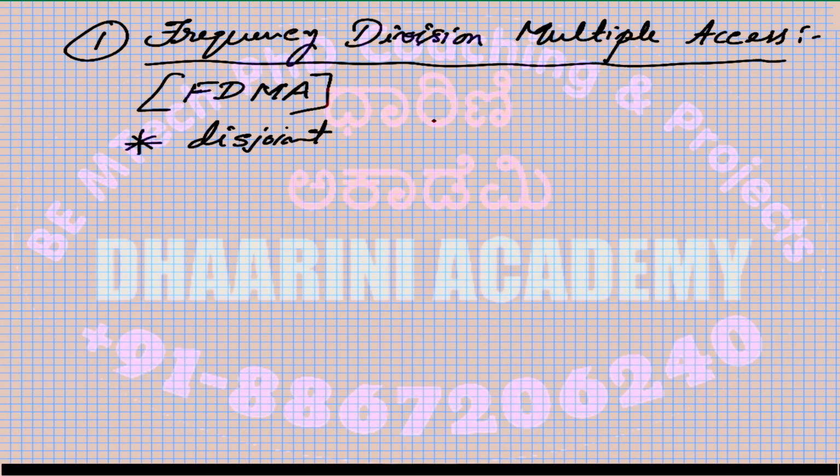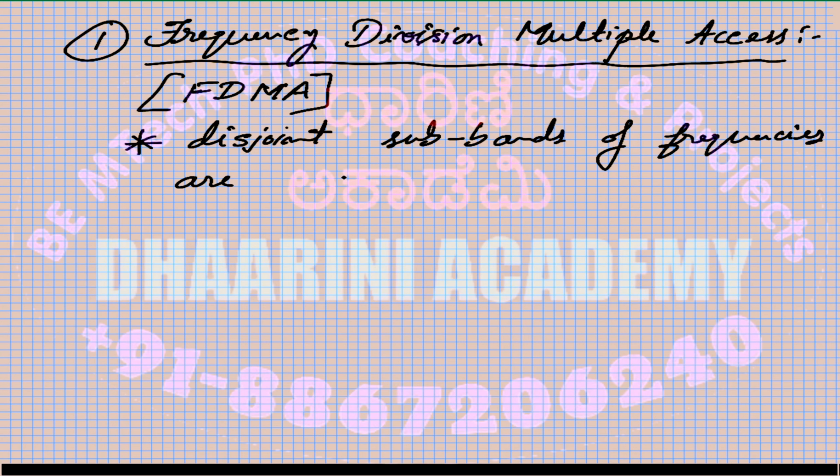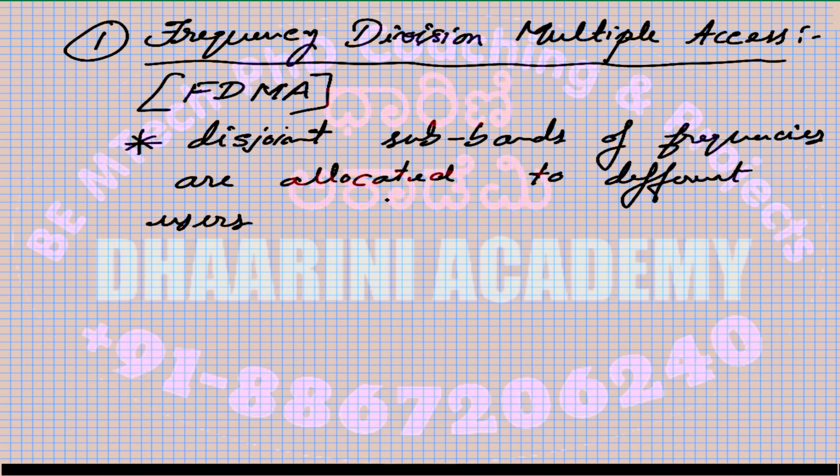So disjoint subbands of frequencies are allocated to different users on a continuous time basis.